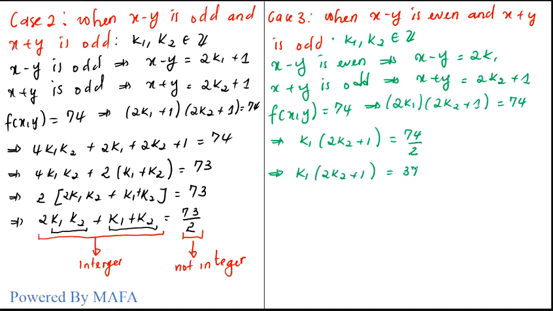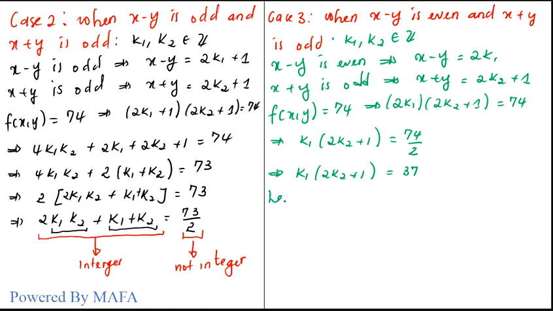Now in this case we cannot just conclude like that, so we'll try a way to find k1 and k2. Now the left hand side means you're multiplying two numbers and the right hand side is actually 37. So the equation is saying that when you multiply two numbers you yield 37.